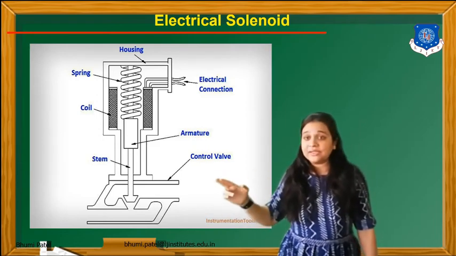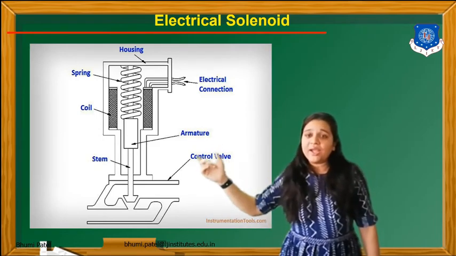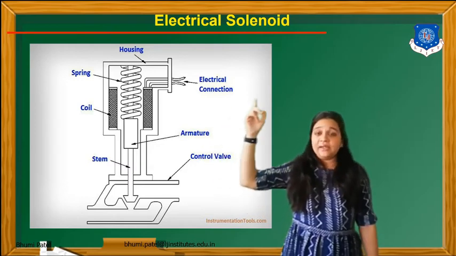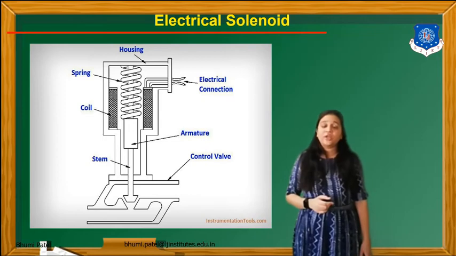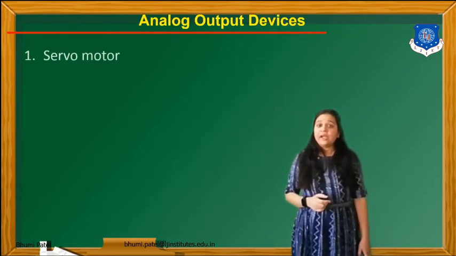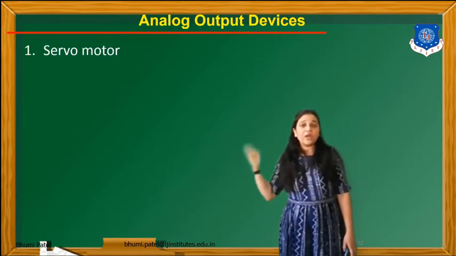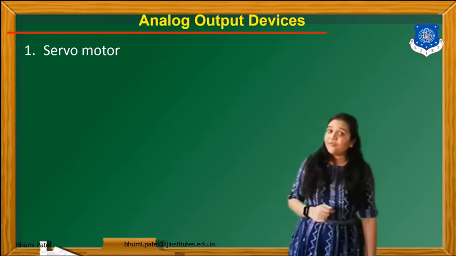Here you can see that the coil is connected with this spring, and the coil has an electrical connection. So we can connect the electrical solenoid as the output device. Now this is all about the on/off output devices.